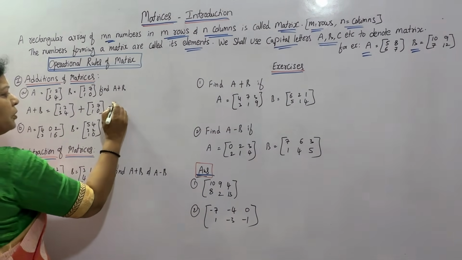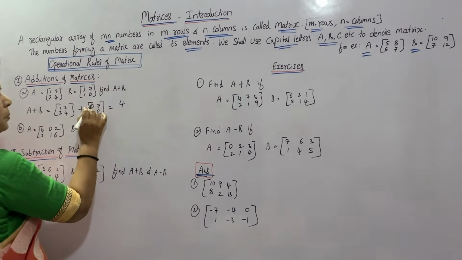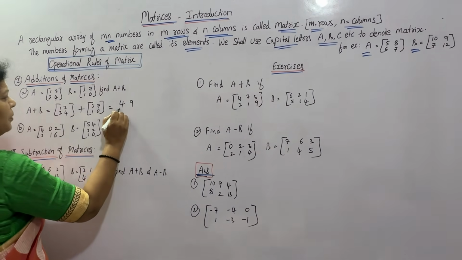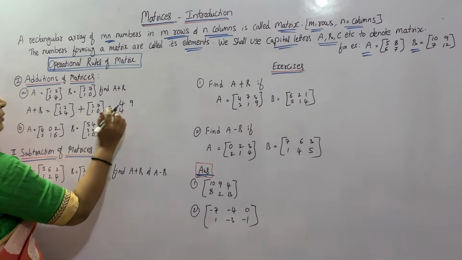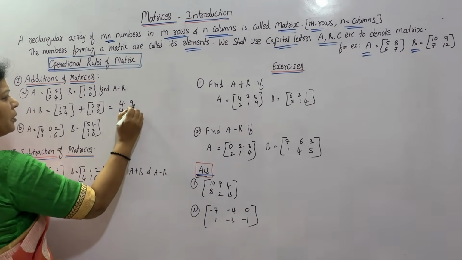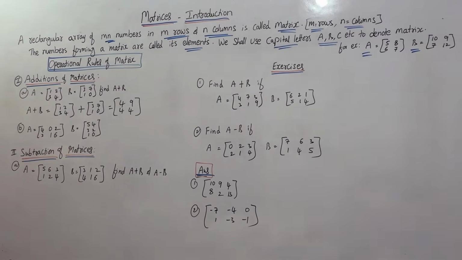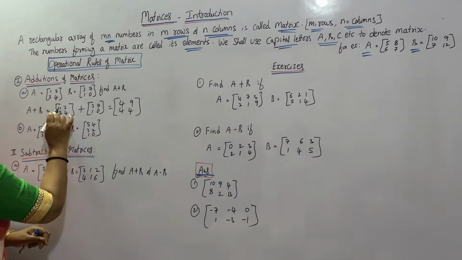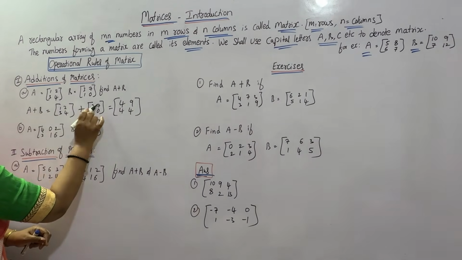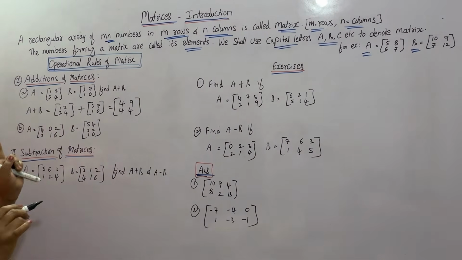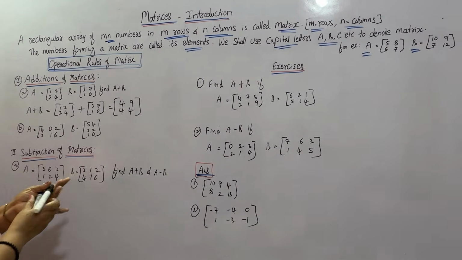So 1 plus 3, 4. 2 plus 7, 9. 3 plus 1, 4. 4 plus 0, 4 only. So 4, 9, 4, 4 is the A plus B matrix. What we have done is simple: 1 plus 3, 2 plus 7, 3 plus 1, 4 plus 0. So this is one problem we have done.